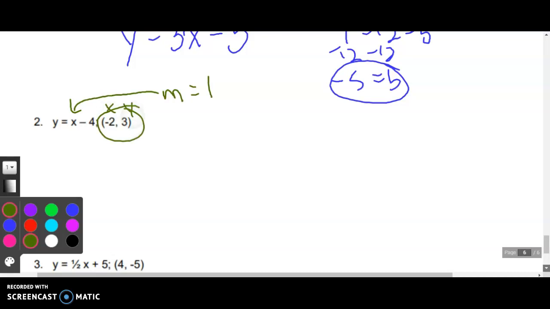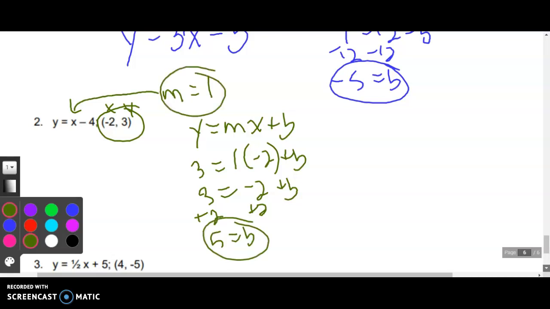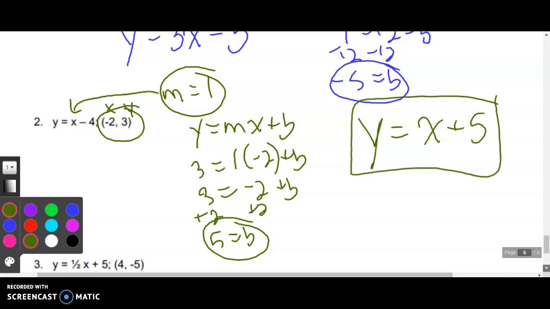This is an x and a y, so that means y equals mx plus b. 3 equals 1 times -2 plus b. 3 equals -2 plus b. I add 2 to both sides, and I find that 5 equals b. So I know that the y-intercept is 5, the slope is 1, so my equation is y equals 1x, or just x, plus 5, and that's how we do that.